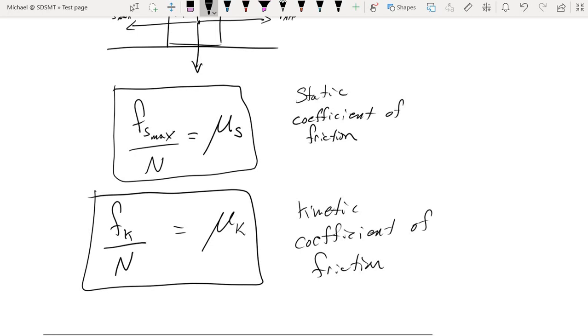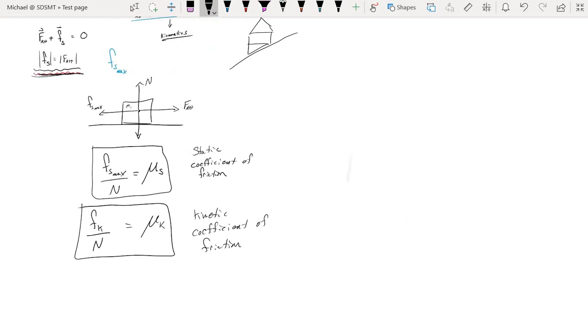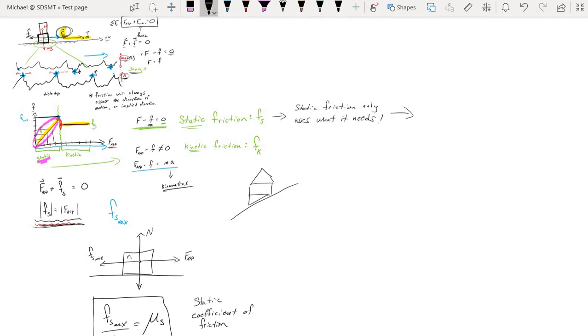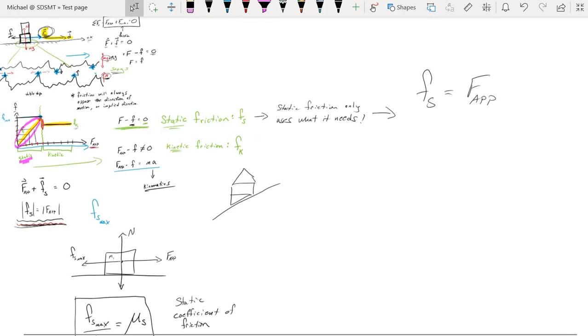Okay, time to put this stuff together. So we have our static friction force, which, as we said, is going to equal the applied force, because static friction only uses what it needs, but we have a means in which we can solve for the maximum static friction.